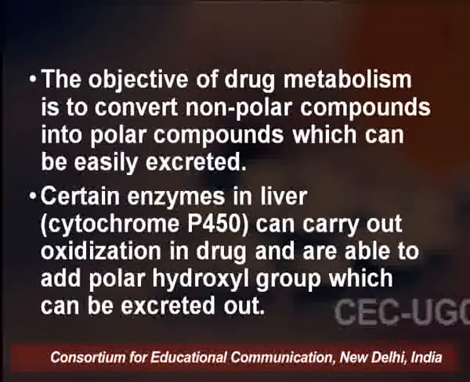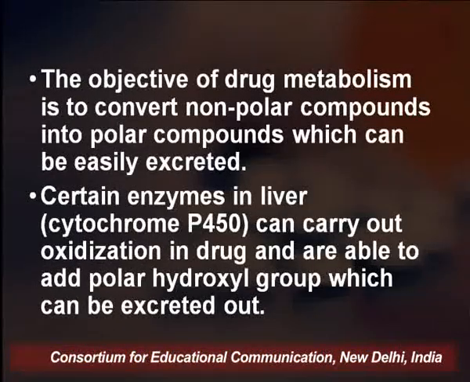So the major aim in drug metabolism is to convert the non-polar drugs into polar drugs so that they can be excreted out through kidney. The objective of drug metabolism is to convert non-polar compounds into polar compounds which can be easily excreted.